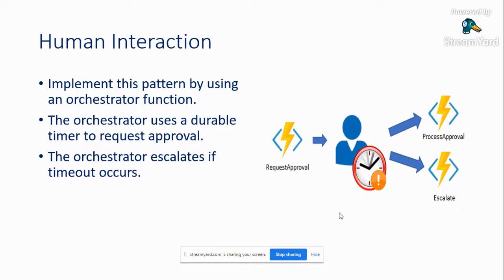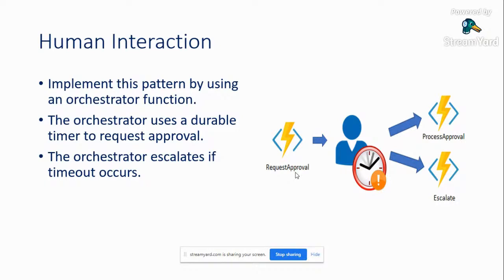So there will be a function called request approval. This request approval will call the person. For example, we can mail the higher authority, or anything that you want can be done in this request approval. We have to wait until the person comes and approves it. Once it is approved, we'll call the process approval mechanism.